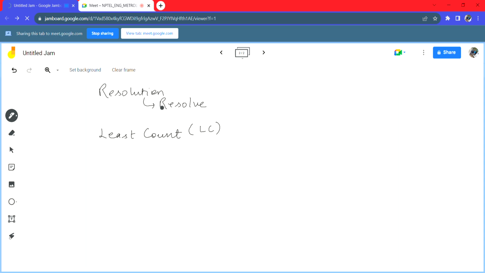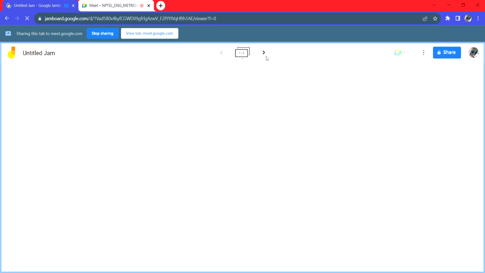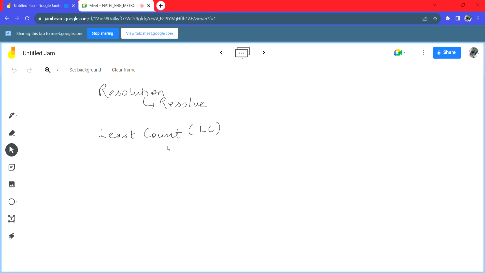Many a time when we go through these two definitions of least count and resolution, we see they are kind of synonymous and confusing. Let us see first what resolution is and what least count is.